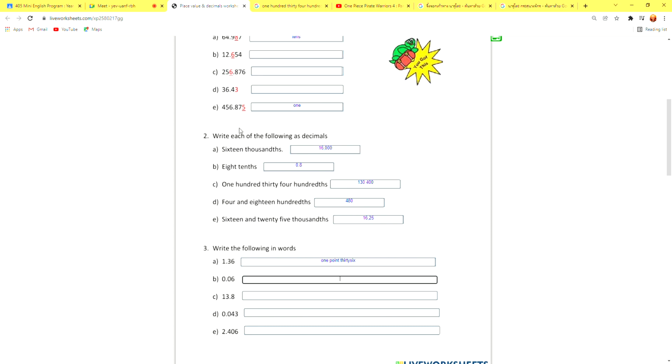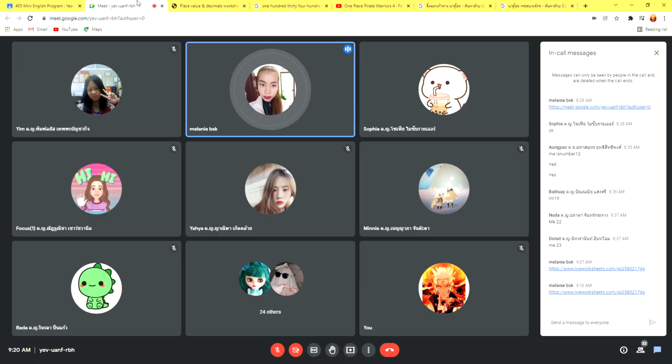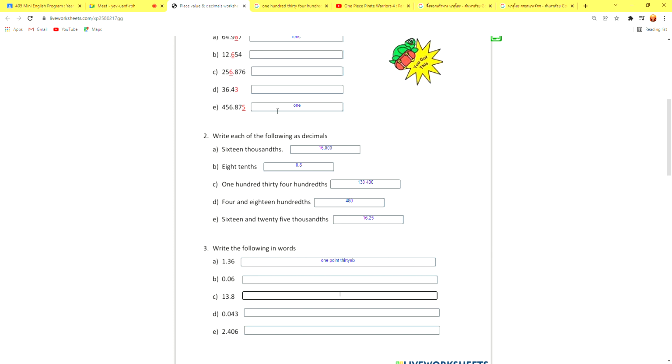Why? Because you see this one, for number 2, you have seen 16 thousands, 8 tens, and then 134 hundreds, and then 4 and 18 hundreds. They use "and", they didn't use zero, right? They didn't use point, right? And then 16 and 25 thousands. Can you follow? For number 2, they use "and", they didn't use point, right?